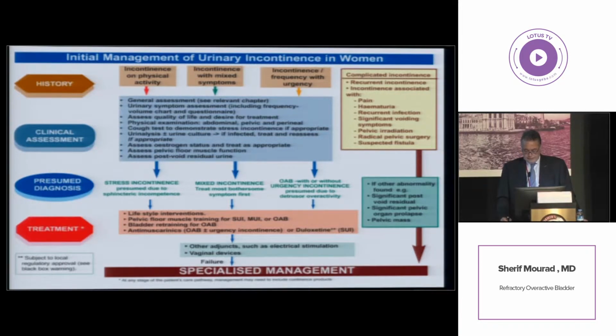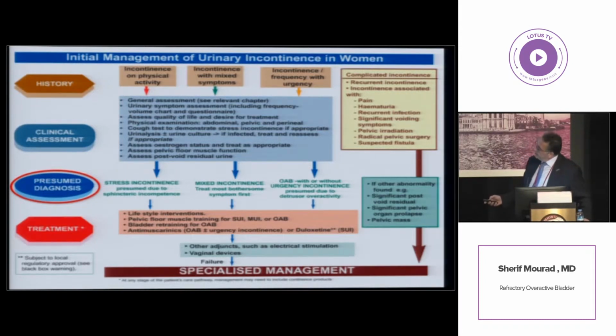If you look at the International Consultation on Incontinence algorithm and recommendation, they look first at the initial management that is done by non-specialists. They started with the presumed diagnosis, because it is not the full diagnosis.